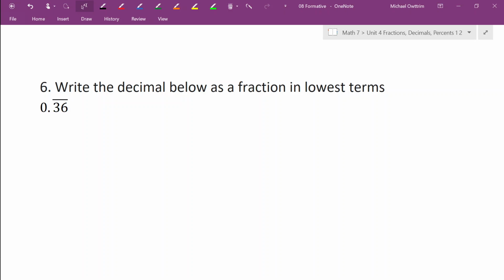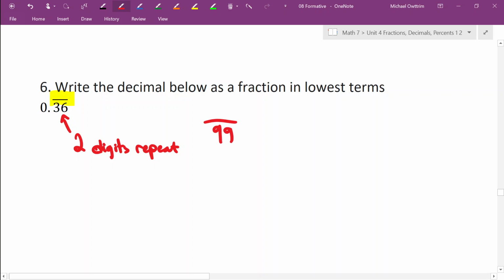Write this decimal as a fraction. Well, again, we see that we've got our repeating bar, and we have 2 digits that repeat. And so we're going to have 2 9s on the bottom of our fraction, or 99. And then our digits 3, 6 go on the top. Now, these numbers do not divide by 2, however, both of them divide by 3.